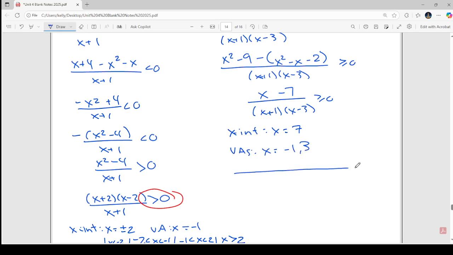So our table will be formed by everything less than negative 1, between negative 1 and 3, between 3 and 7, and everything greater than 7. So again, I'm going to line up my factors, x plus 1, x minus 3, x minus 7.